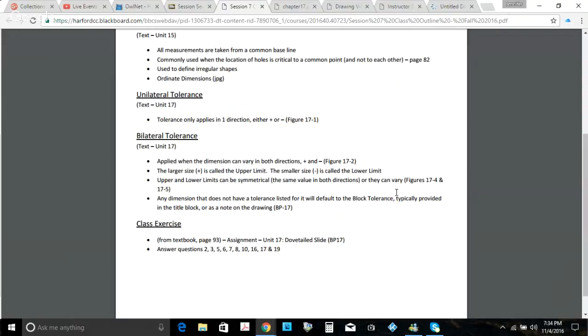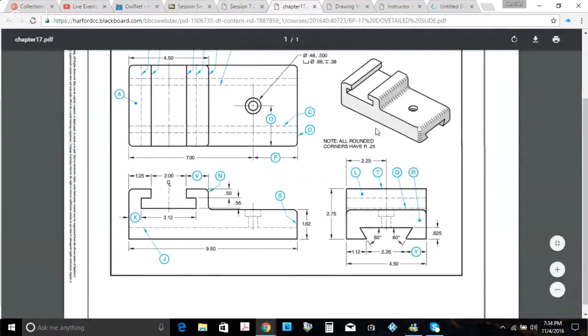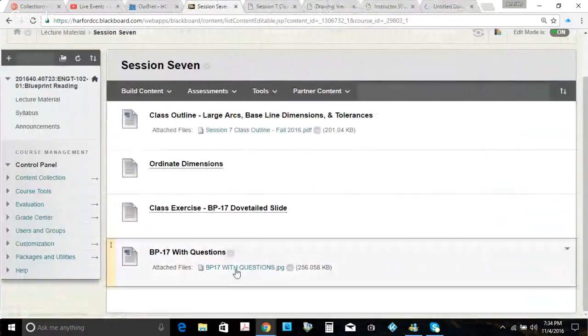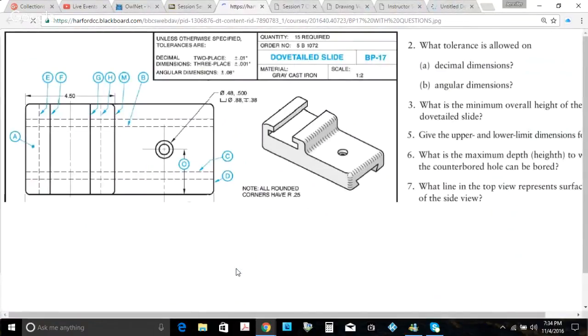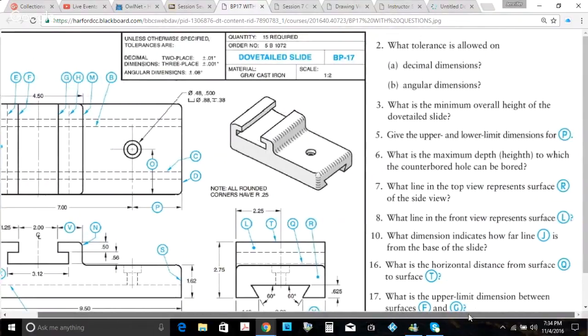And we can take a look here real quick. For example, I'm going to close this down, and the one with the questions is probably what we want to use. Yeah, here we go. This one, when we went over this exercise in class, said give the upper and lower limit.